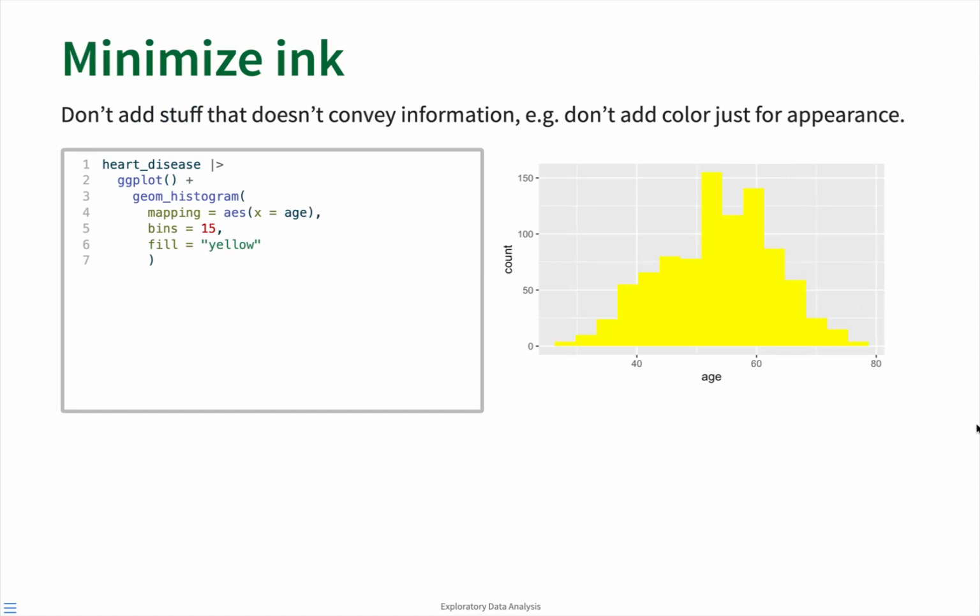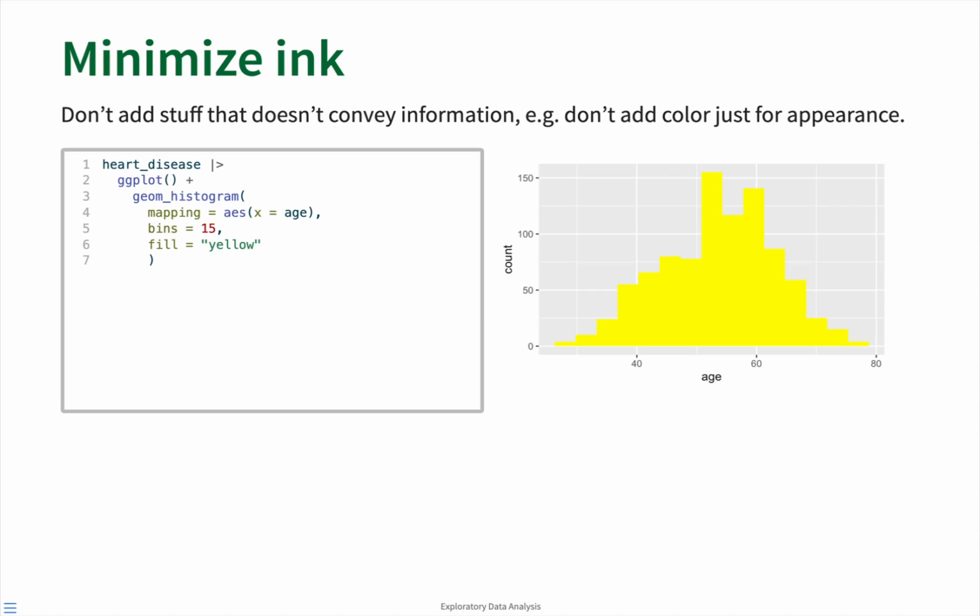We talked about minimizing ink, which basically means don't add extra features to your graph that aren't necessary. For example, if we just had a histogram of one variable like we have here, the default is just for it to be in black and white or shades of gray. We can certainly add a color like you see here, but that's unnecessary and it doesn't communicate any extra information.